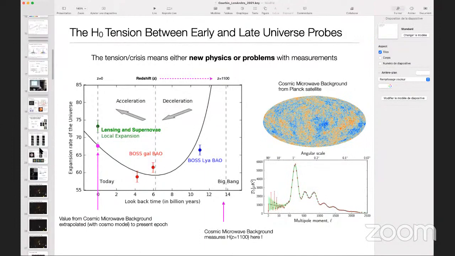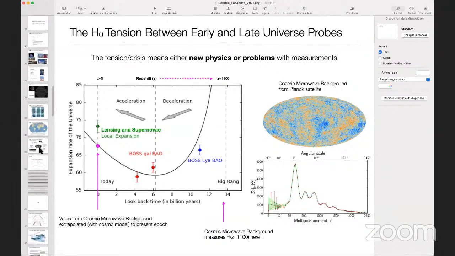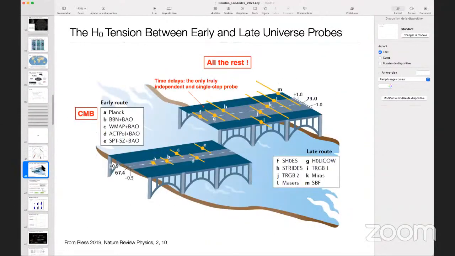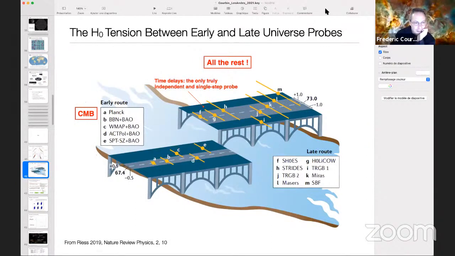But let's say what we can say, let's show this slide. That's a picture that Adam Riess likes to show about all the early universe measurements of H naught and the late measurements. In this talk, I focused mostly on supernovae, which is this point, and lensing, which is this point. And I was arguing that it's because they're completely independent, which is true, but I can still be both wrong.